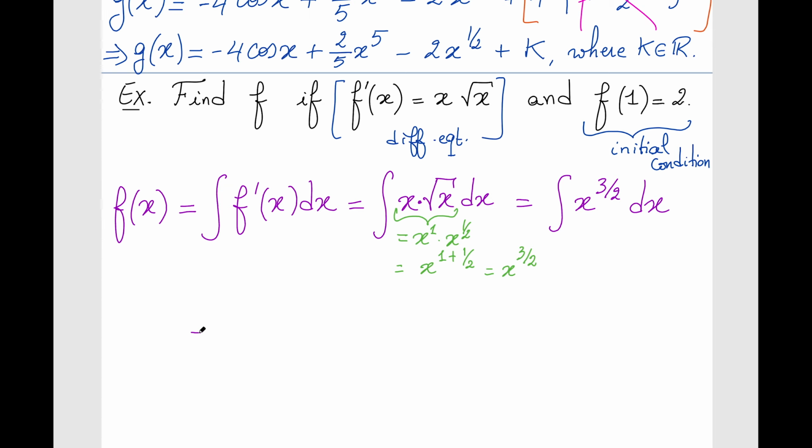All right, and this is equal to, by property 2 above, x to power n plus 1 divided by n plus 1, correct? Plus some constant of integration.